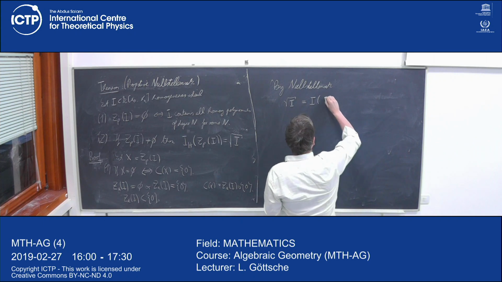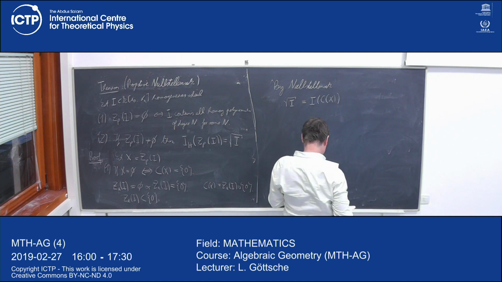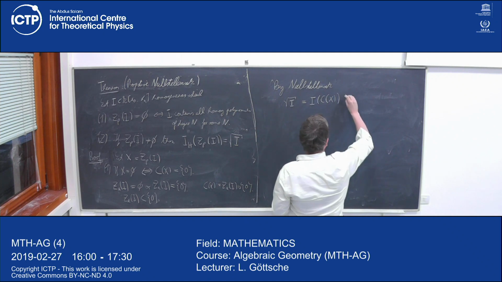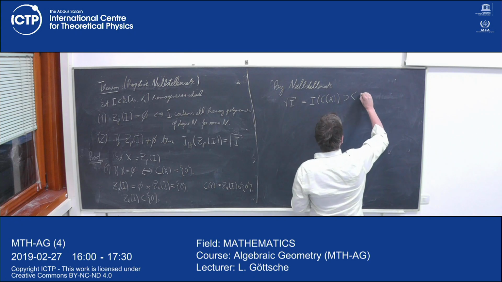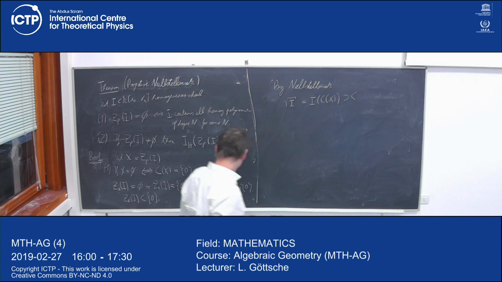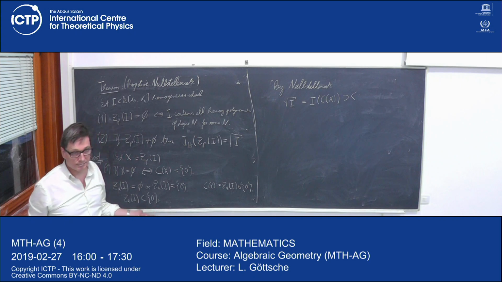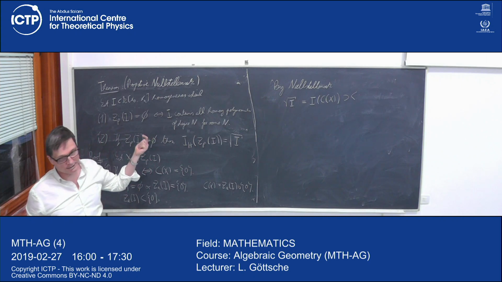contains the ideal of 0. The ideal of 0 is the ideal generated by x0 to xn.